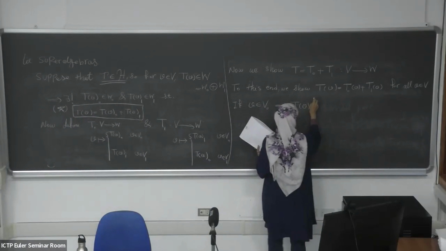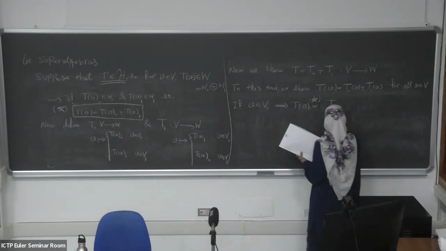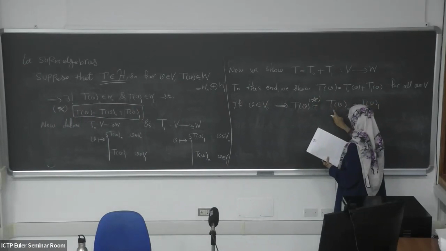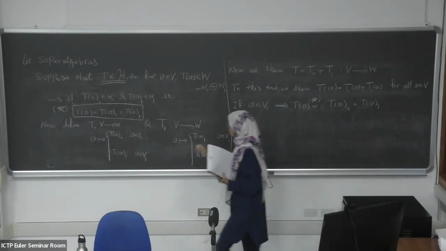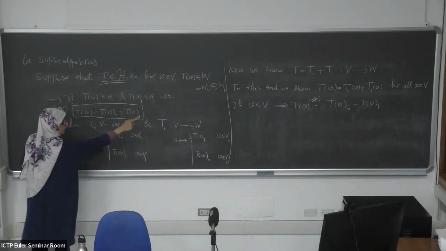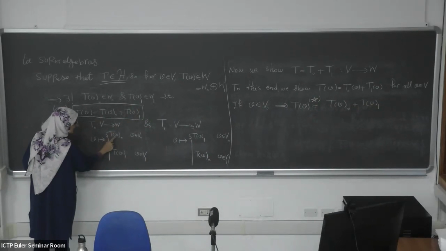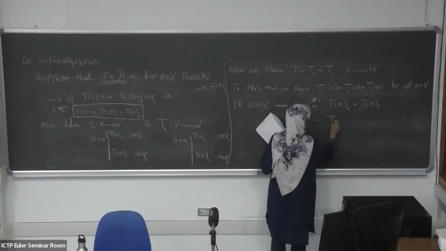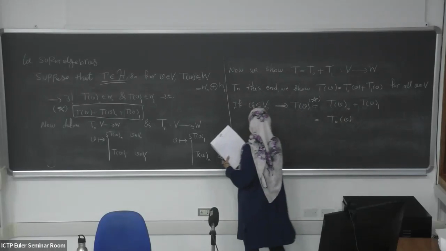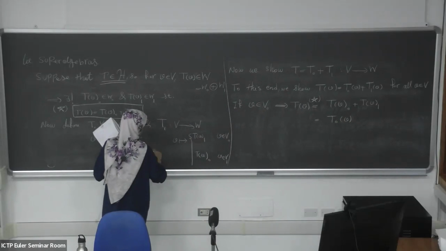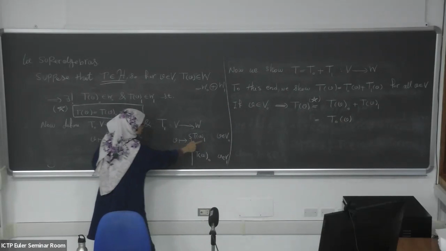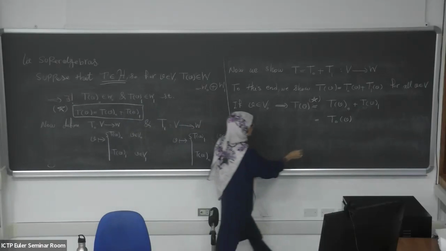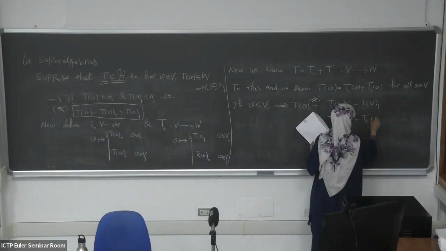Using a star, Tv is Tv0 plus Tv1. But Tv0, we look at this, my v is an element of V0, so Tv0 is T0v. And again, my v is an element of V0, and when v is an element of V0, Tv1 is T1v. So here we have T1v.